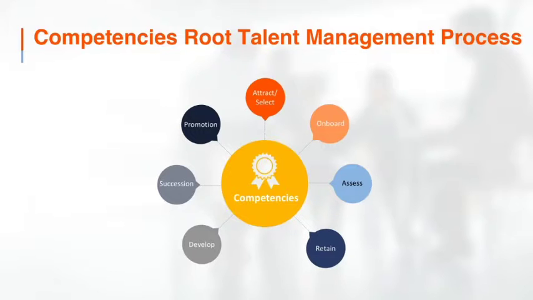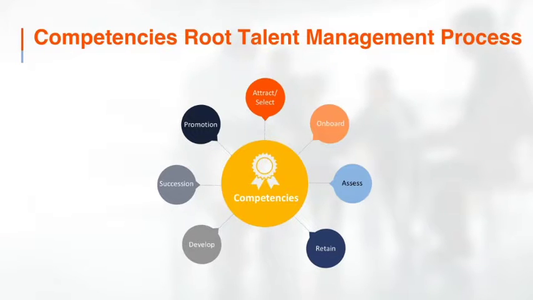So, for example, my attraction and selection processes are going to root to: don't just give me good talent, give me talent that is uniquely aligned with where our organization is trying to go. As you think about development programs, as you think about leadership development programs, not just leadership development programs that are generalist in nature, but leadership development programs that tie specifically into the organization's ability to achieve its strategy and manifest through the competency model.